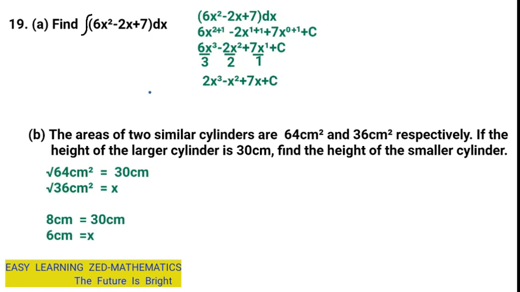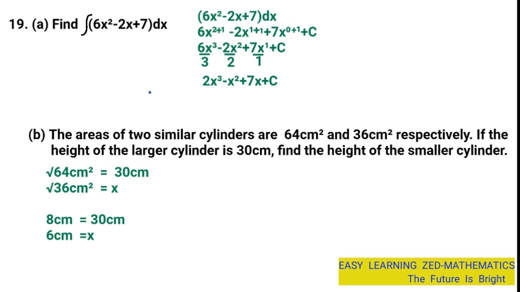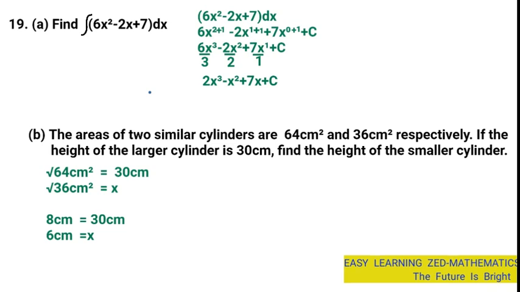Once we've done this, the next thing we're going to do is cross multiply. So we're going to have 8 centimeter multiplied by x, which will give us 8 centimeter x, which is equal to 30 centimeter times 6 centimeter. Then we come up with 8 centimeter x is equal to 180 centimeter squared.